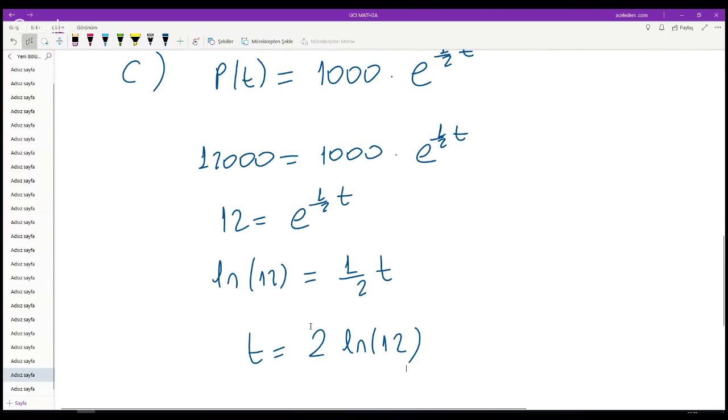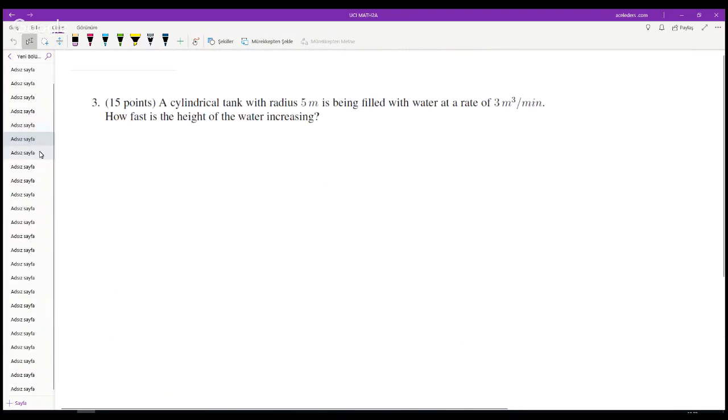So I would like to proceed with the volume of the tank question. So the derivative of the volume, right? So a cylindrical tank with radius 5 meter is being filled with water at a rate of 3 meter cube over minute. How fast is the height of the water increasing? So just think about a cylinder.